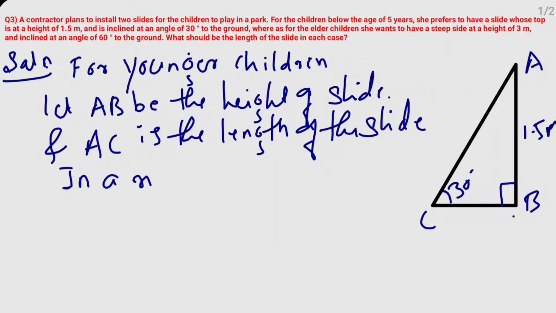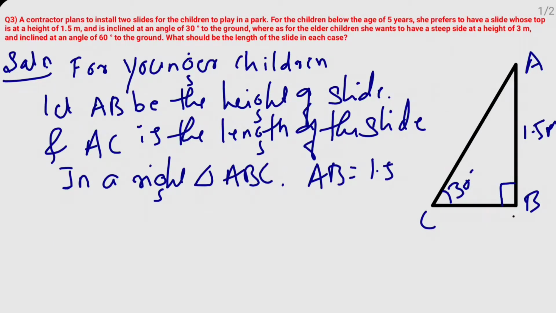In a right triangle ABC, AB equal to 1.5 meter.